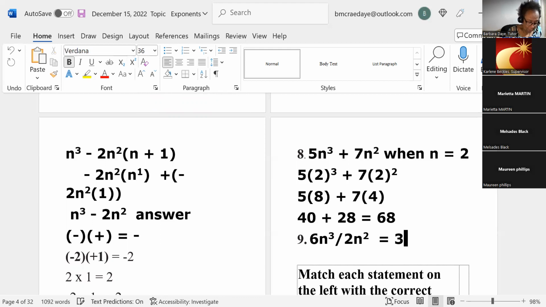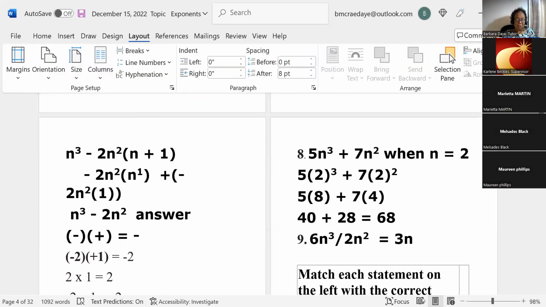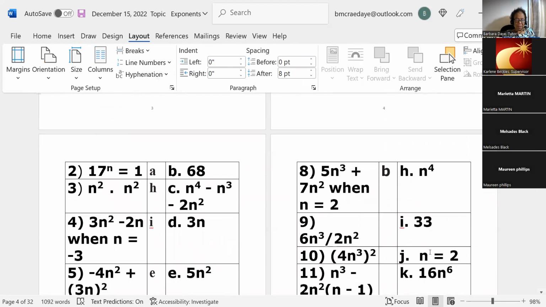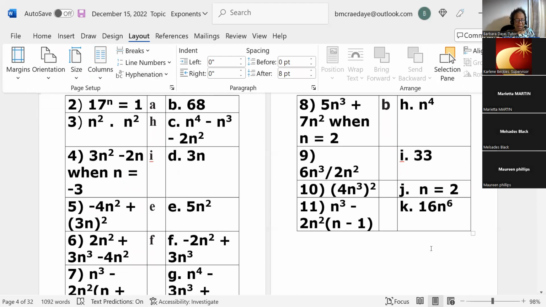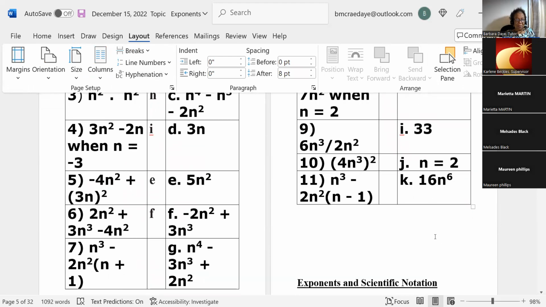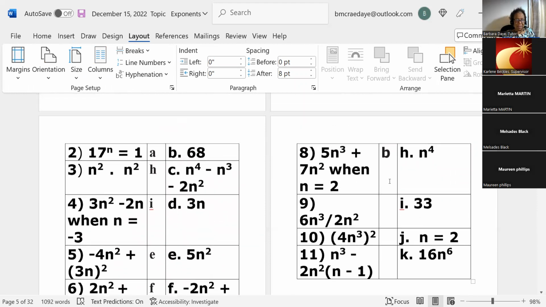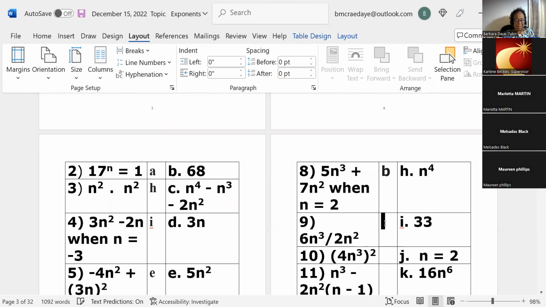That's right. And then when you look in your table, 3N is what? D. There we go. So number 9 is D.